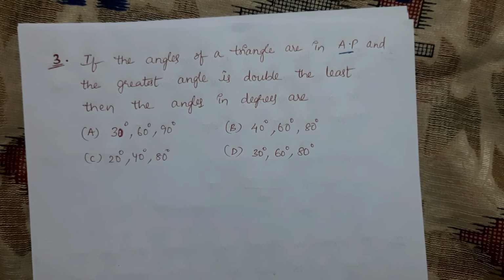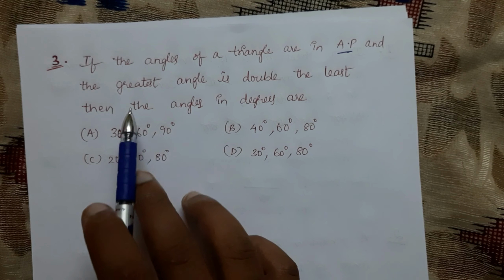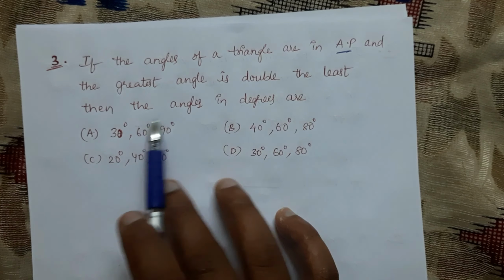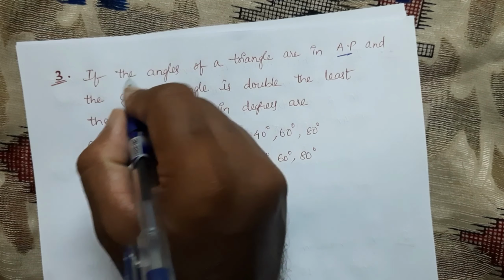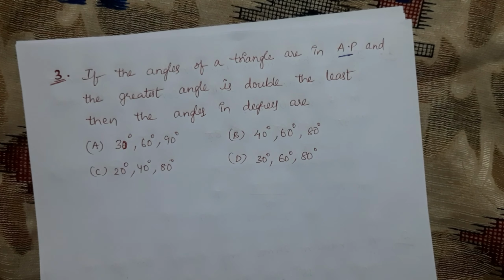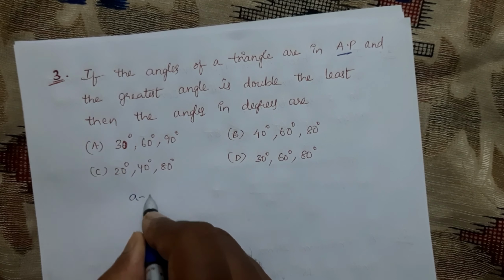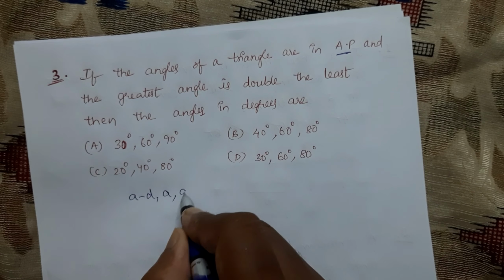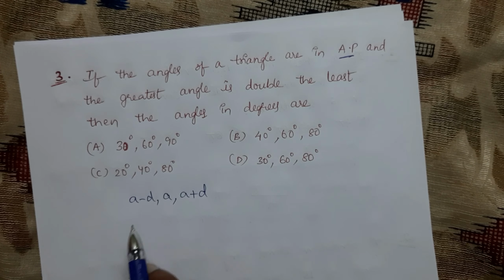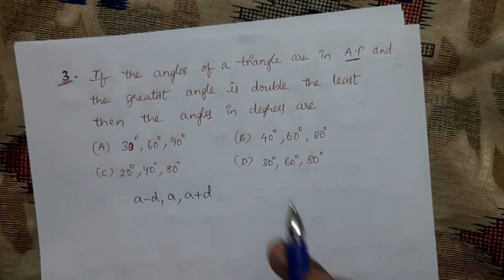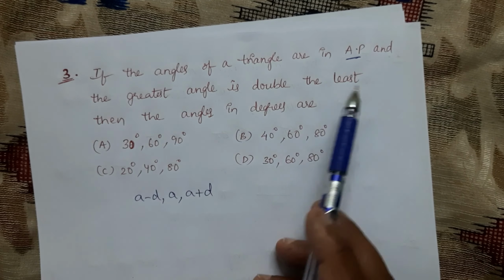See students, here they said the angles of a triangle are in AP, and the greatest angle is double the least. AP means we can write those angles as A minus D, A, A plus D, where D represents the common difference.